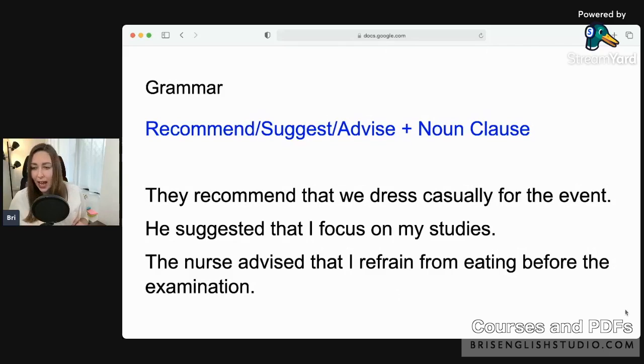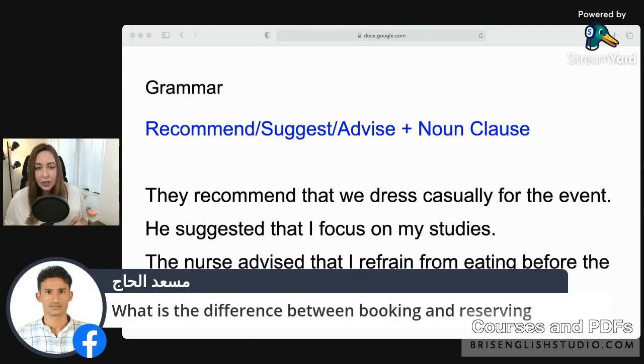Okay, very good. I see one question that I would like to get at. So this is a good question. We looked at it on the last slide, but what is the difference between booking and reserving? So usually we reserve, maybe reserve a room in a hotel, reserve maybe a table at a restaurant, but you could also say book, okay?